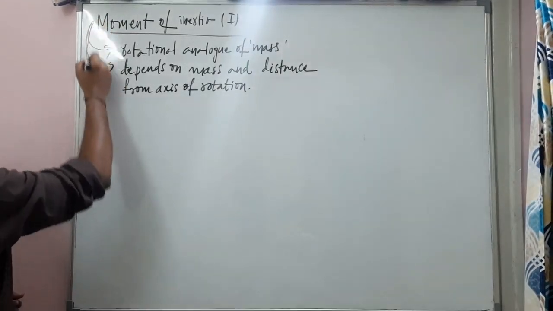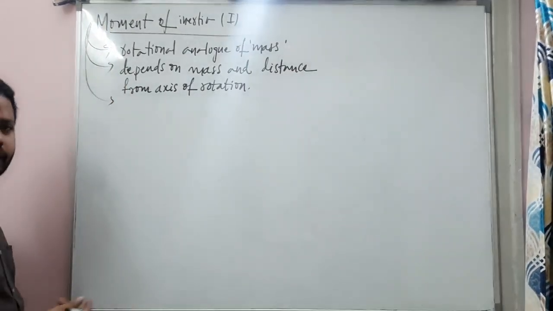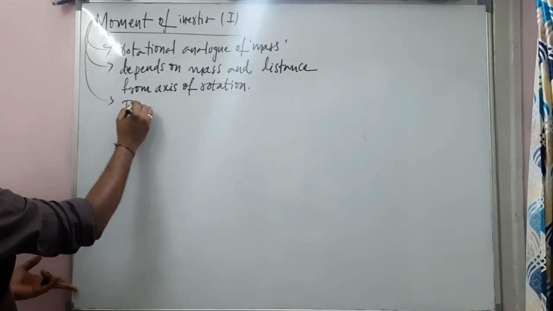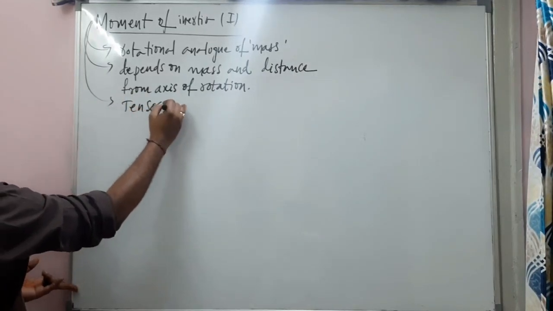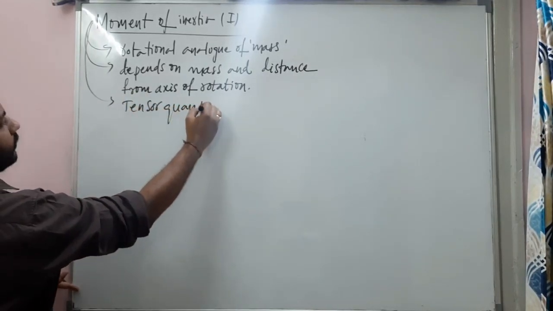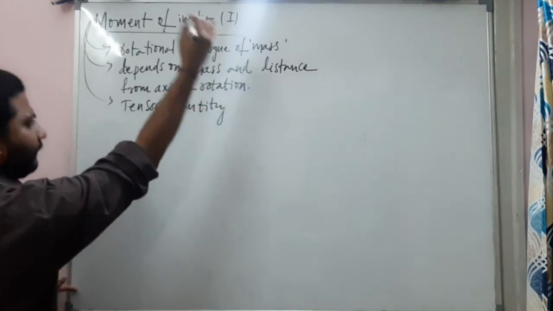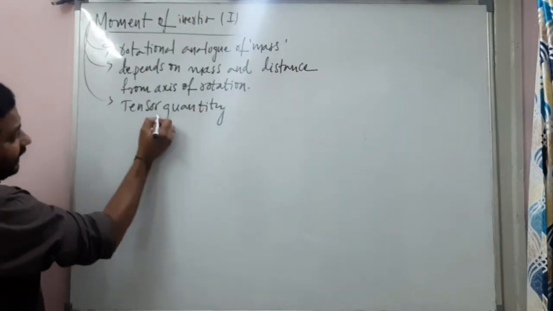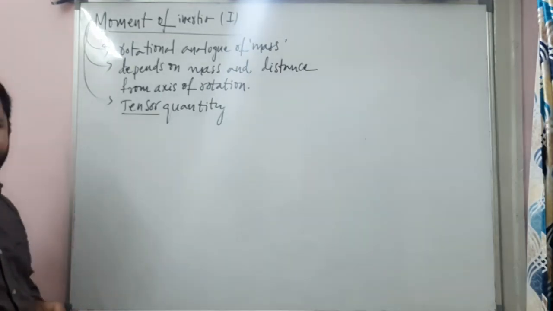And number three, the third point, this moment of inertia is a tensor quantity, my dear students. What is that moment of inertia? It's a tensor quantity, my dear students.